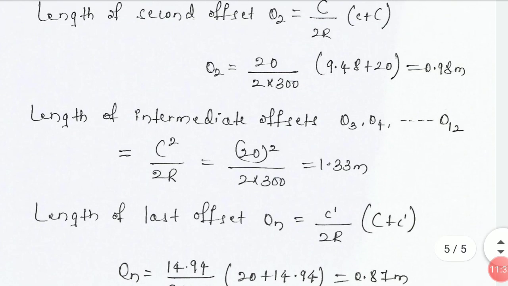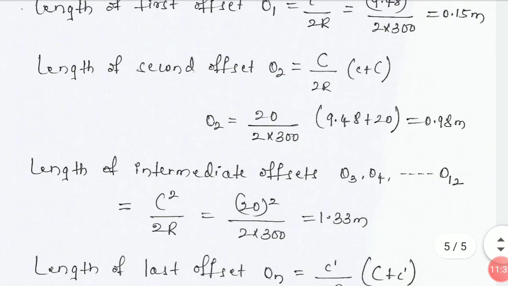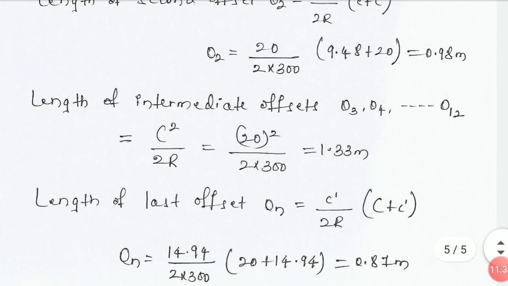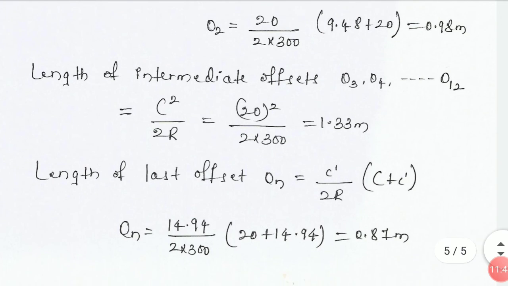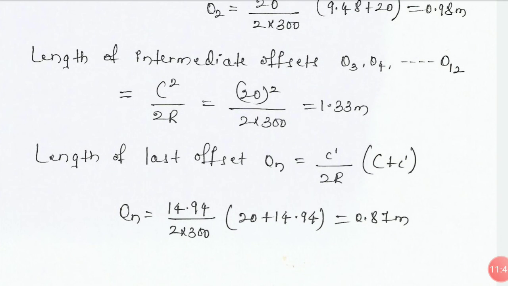So first offset I have 0.15 meters, next 0.98 meters. From there I have totally 10 chords which are of 1.33 meters, then I have last chord 0.87 meters. After the end I will join the ends of these offsets to get the curve.